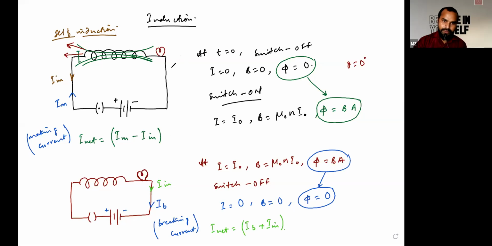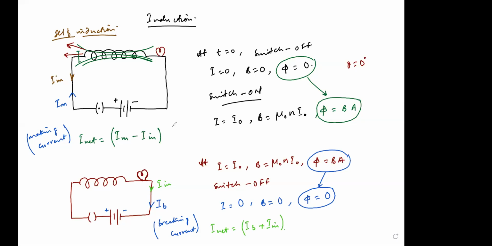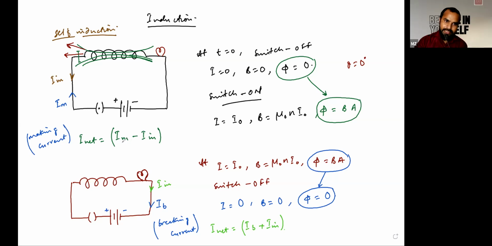Just tell me in which case the bulb will glow brighter. In the first situation we have net current as I making minus I induced, but in the second situation, net current is I breaking plus I induced. So net current in the switching off situation will be more than net current in the switching on condition. So the glow of the bulb in the second situation will be brighter. Is it clear to everyone?